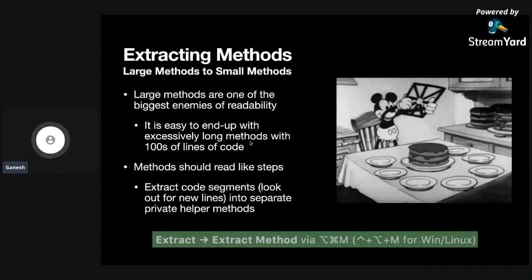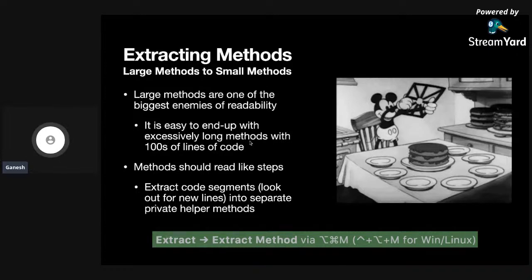Let's start with a simple example, extracting a method. Large methods are one of the biggest enemies of readability. It's easy to end up with excessively long methods with hundreds of lines of code. The rule of thumb is that if you're able to see the entire method within your screen, then it's a good method.